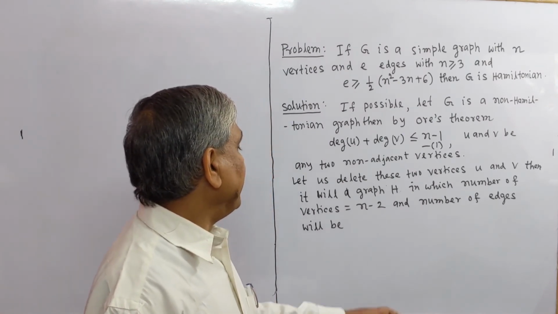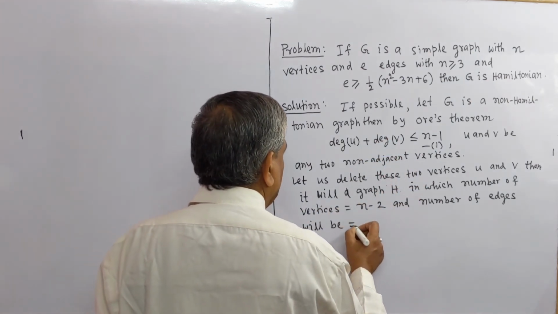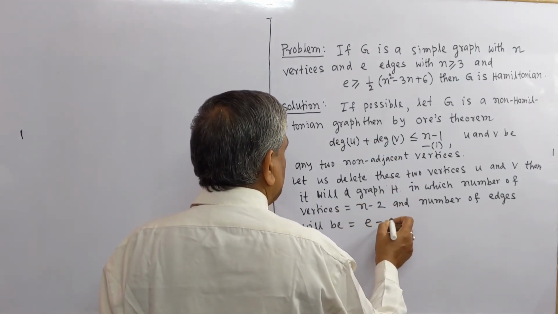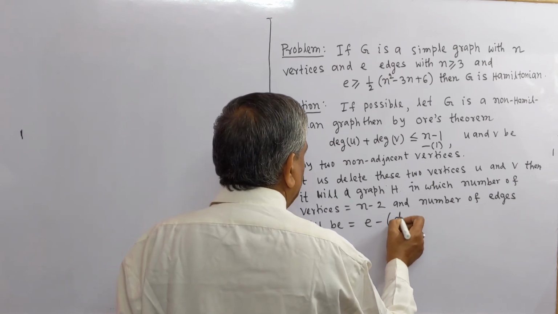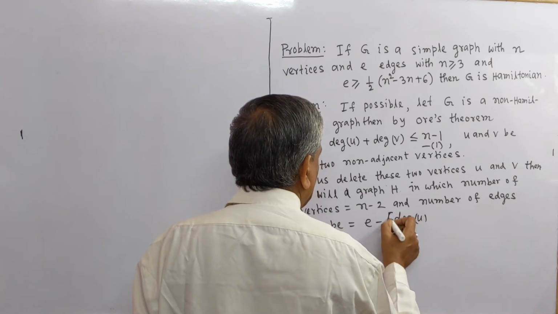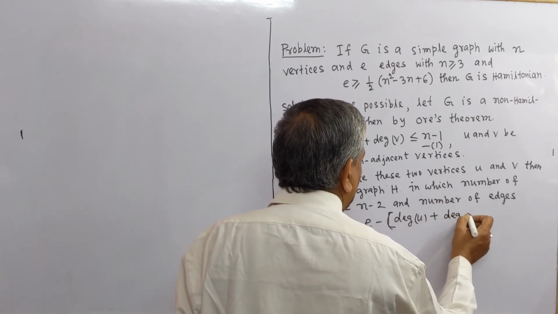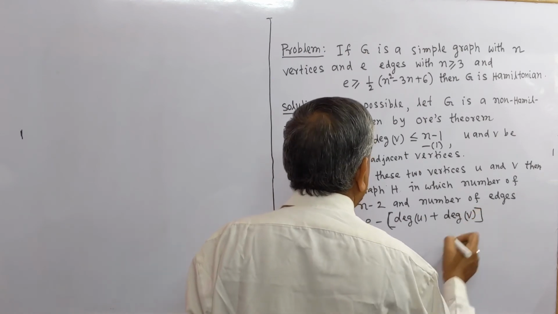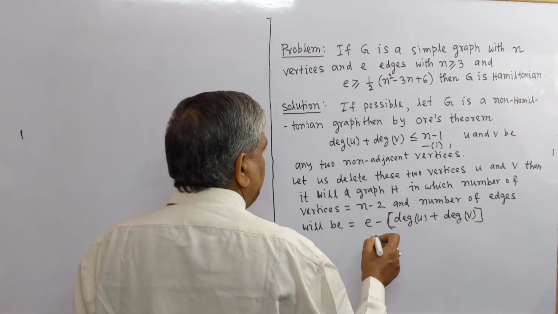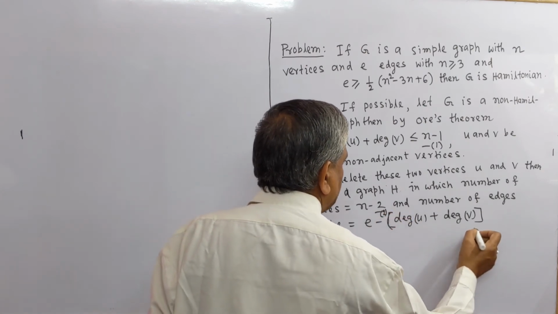Therefore, the number of remaining edges will be E minus degree of u plus degree of v. Let this be number 2 and this be number 3.